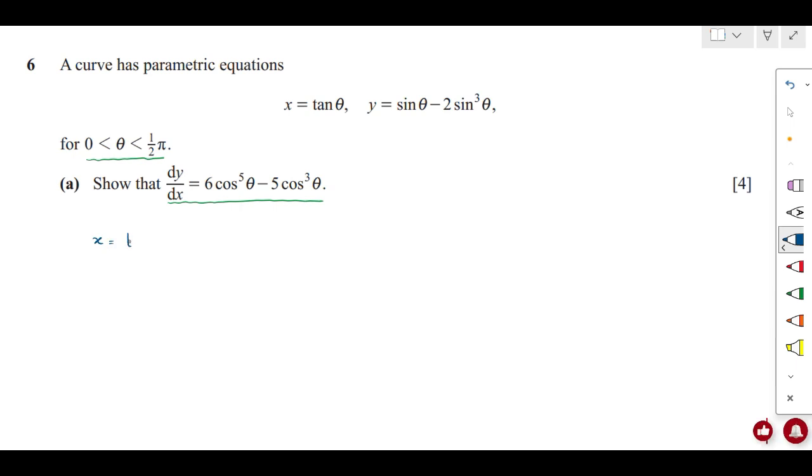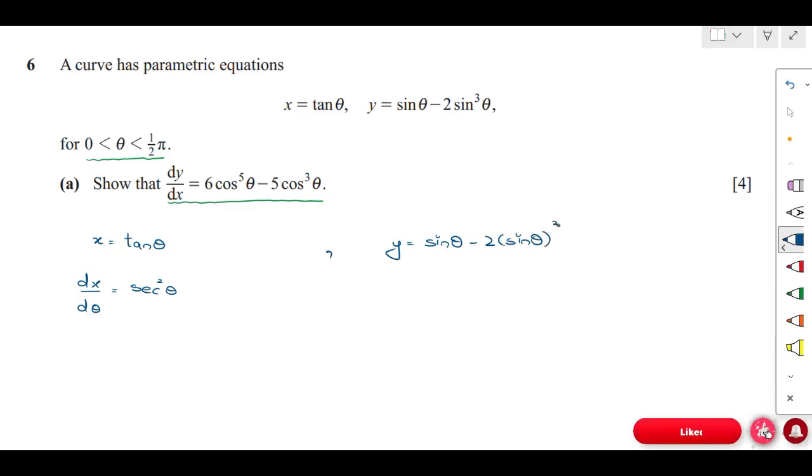X is equal to tangent theta. dx over d theta is the derivative of tangent theta, which is secant square theta, and here y is equal to sine theta minus 2 sine cube theta.